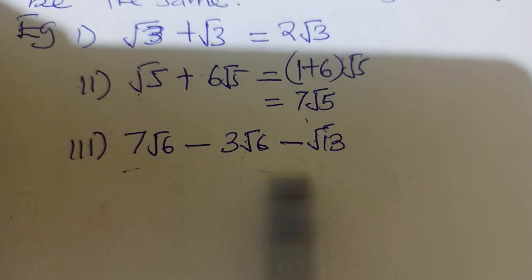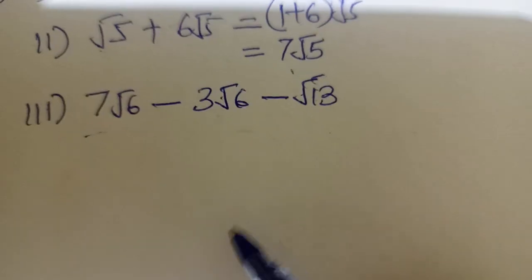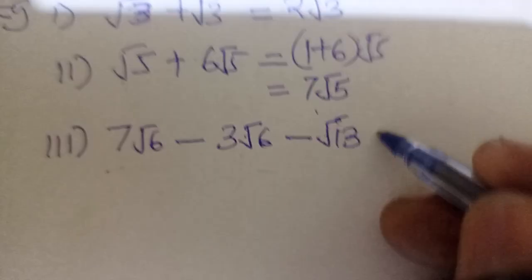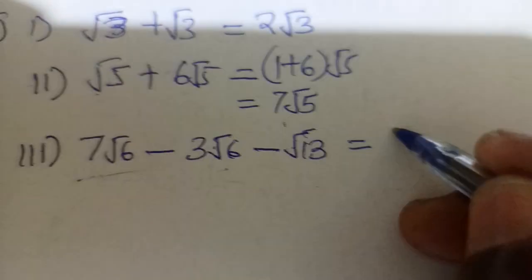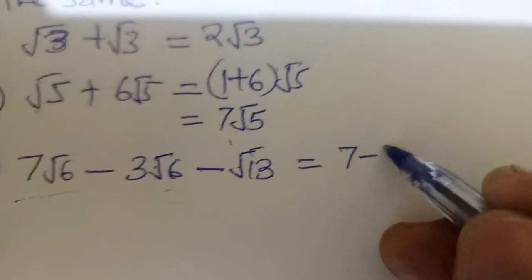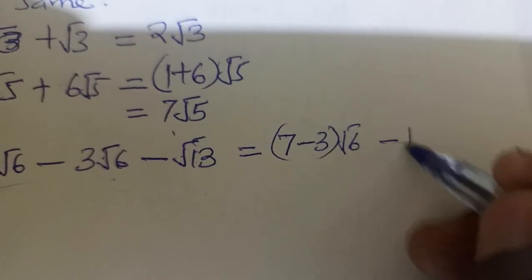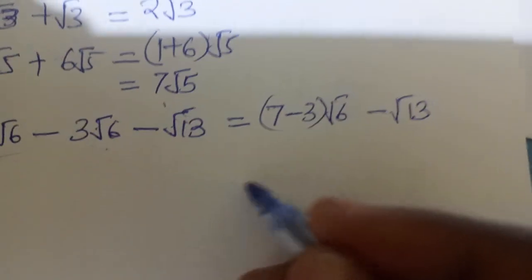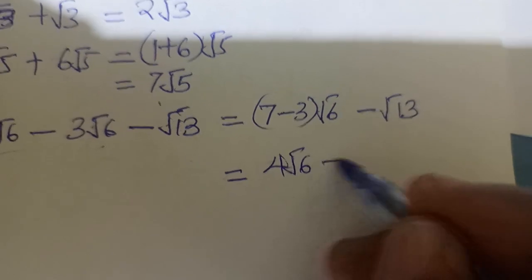Now here, only the first two surds fulfill the two conditions that we have seen above. And therefore, to do this, you can work it out like so. That gives us 7 root 6 minus 3 root 6, it will be 7 minus 3, then with our root 6, then minus root 13. And this gives us 4 root 6 minus root 13.